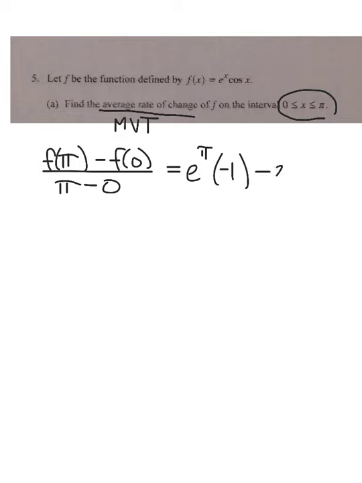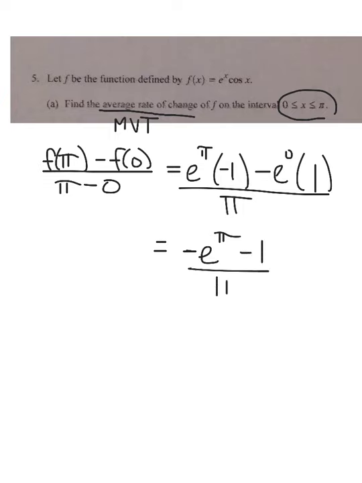So that's e to the 0, which we really know is 1, times the cosine of 0, and the cosine of 0 is 1. And that's all going to be over pi. So then if we keep working that out, that's going to be negative e to the pi minus 1 over pi. And there's your answer.